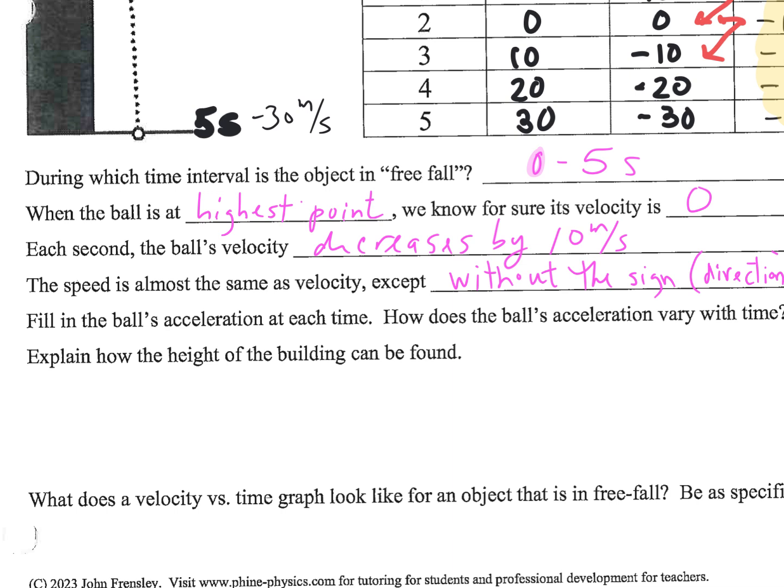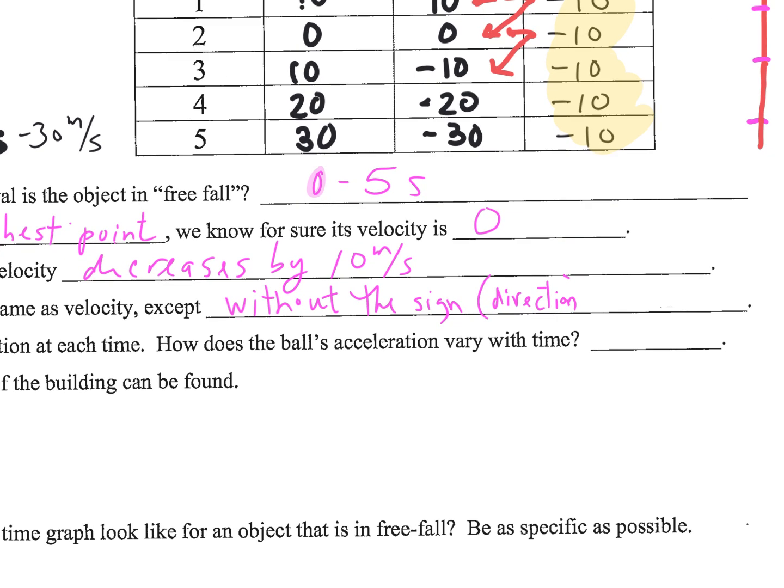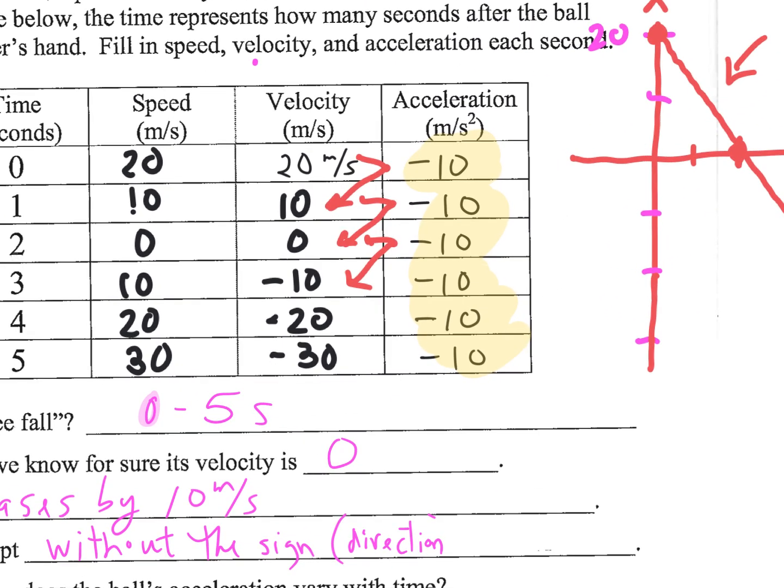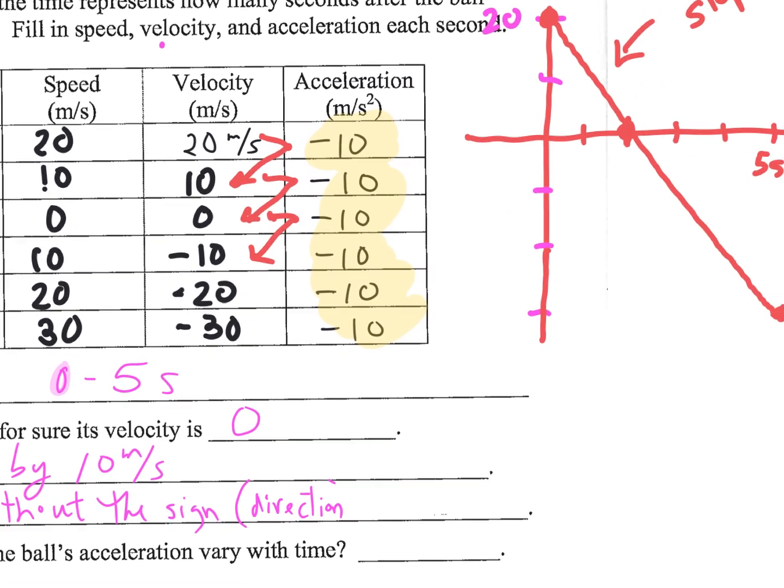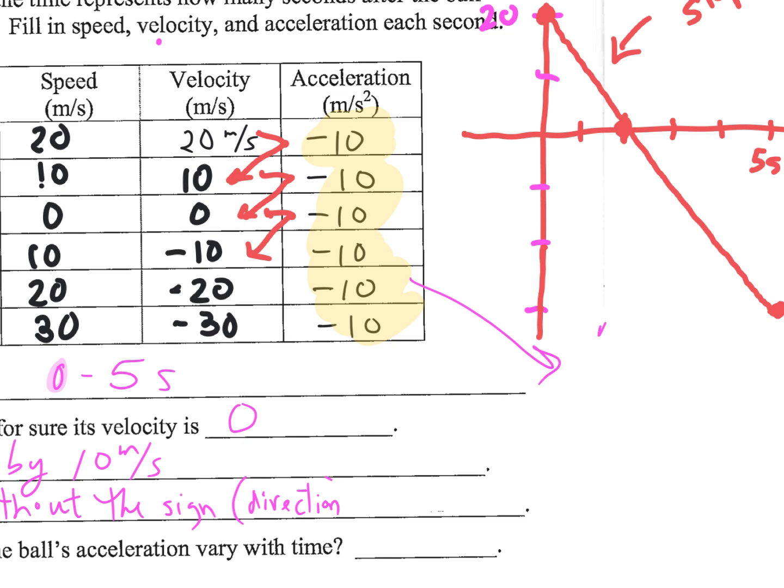What's the ball's acceleration each time? So how does the ball's acceleration vary with time? Does it vary with time? So if I were to graph acceleration with respect to time, I would have a straight line down here at what? -10, wouldn't I?